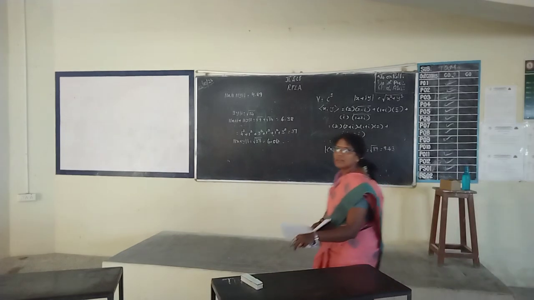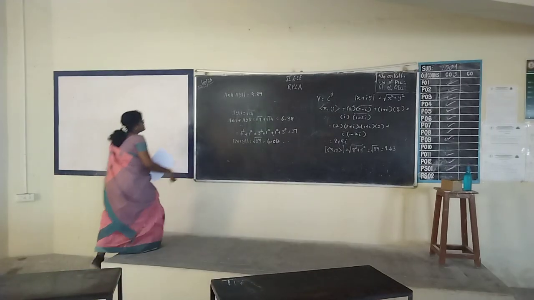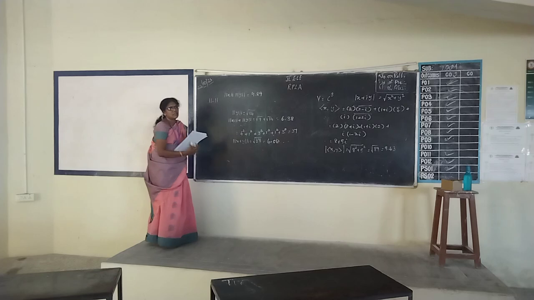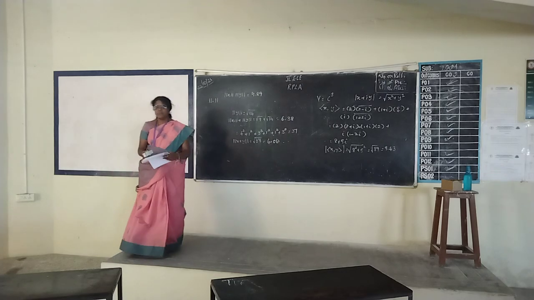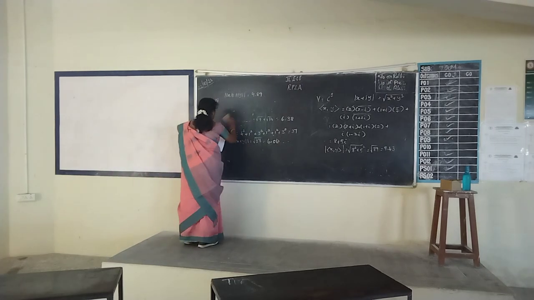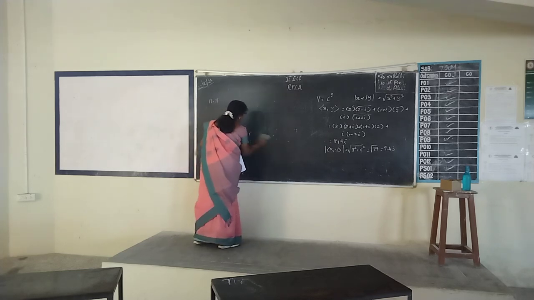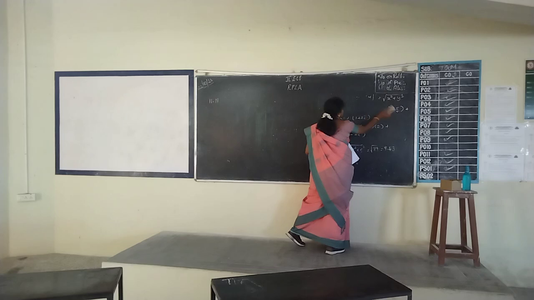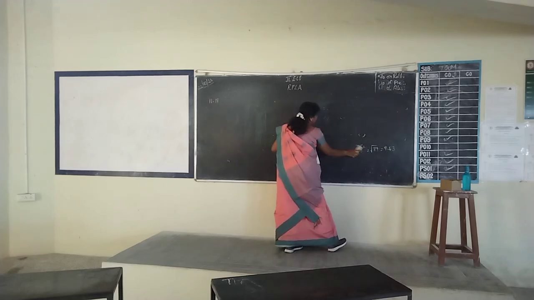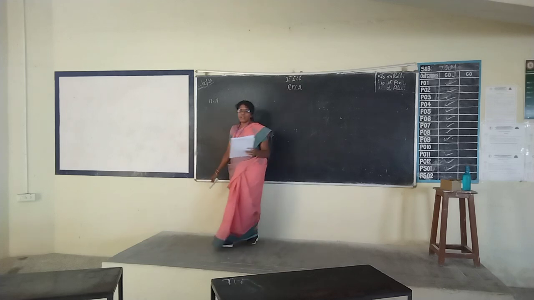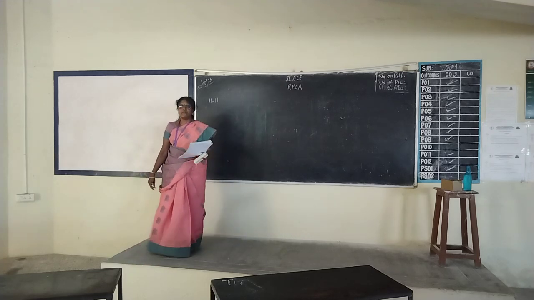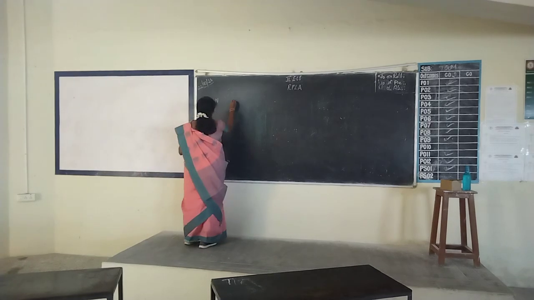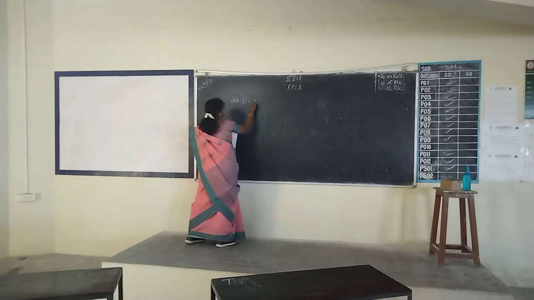Let d of x comma y be equal to norm of x minus y.